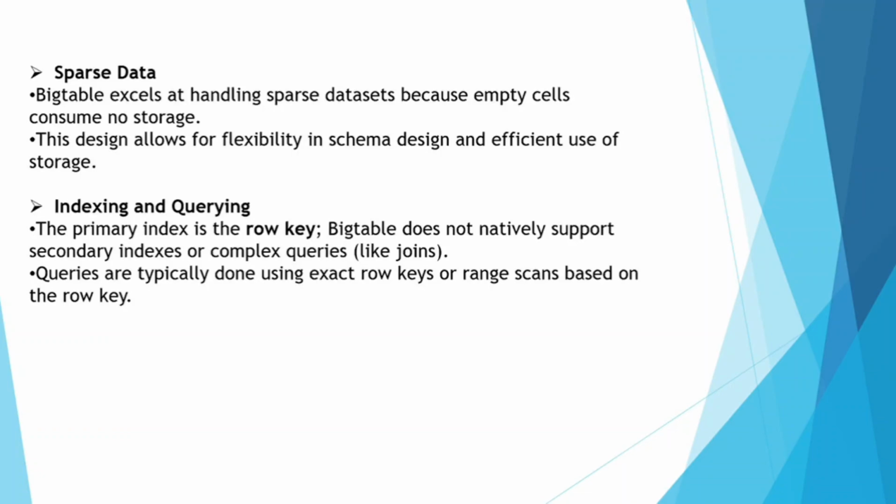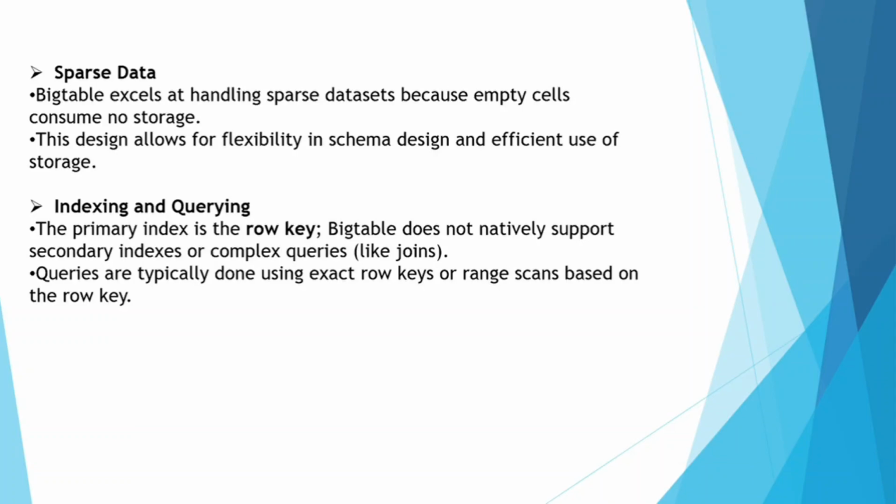Sparse data. Bigtable excels at handling sparse datasets because empty cells consume no storage. This design allows for flexibility in schema design and efficient use of storage. Indexing and querying. The primary index is the row key.